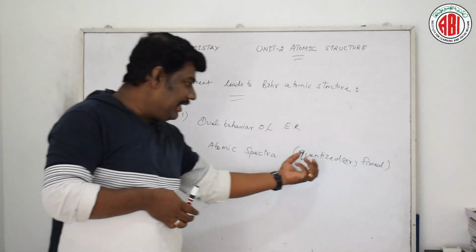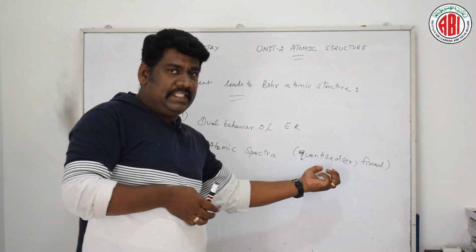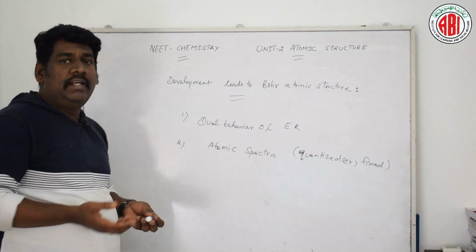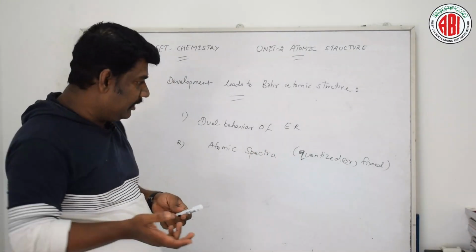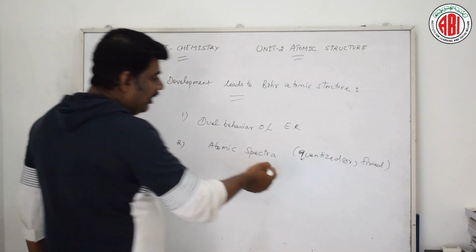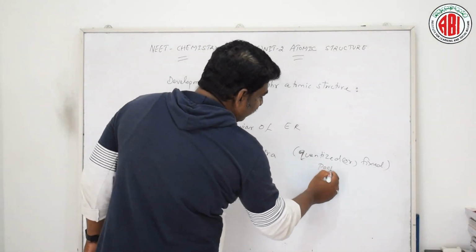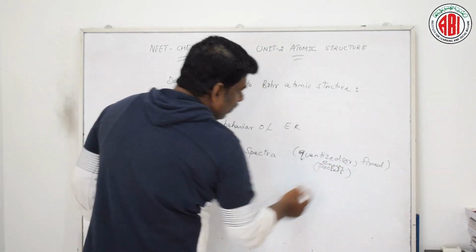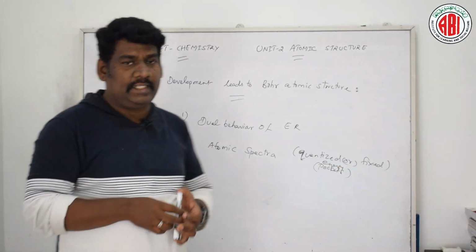These quantized or fixed energies are utilized by the electron for revolving around the nucleus, and they are said to be energy pockets. We will discuss that later.